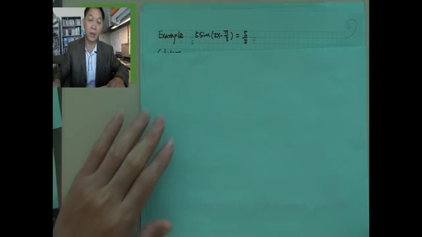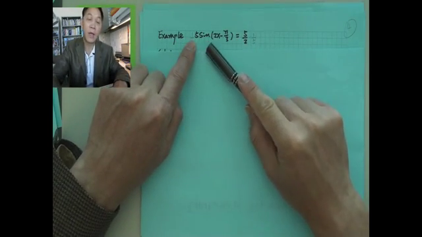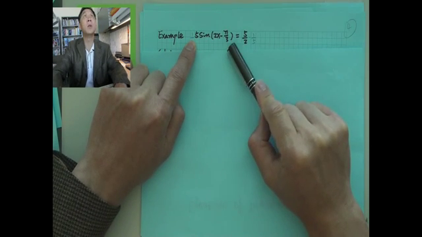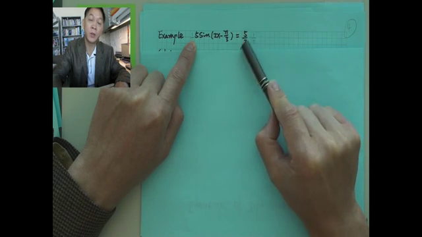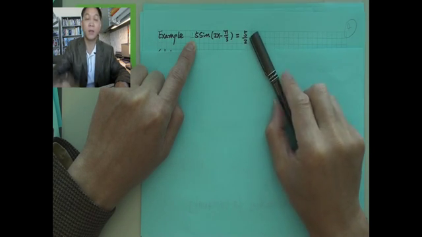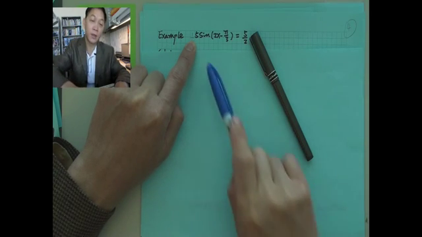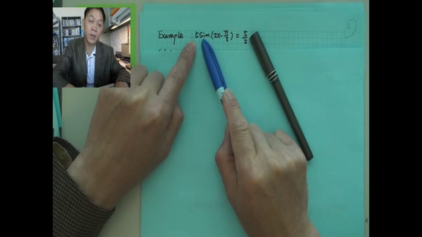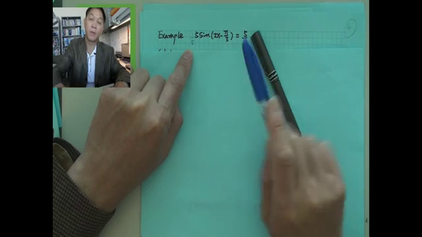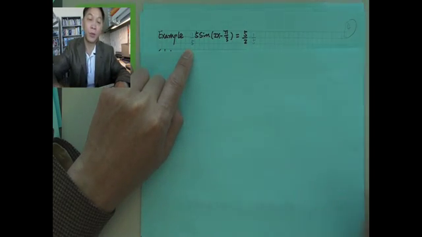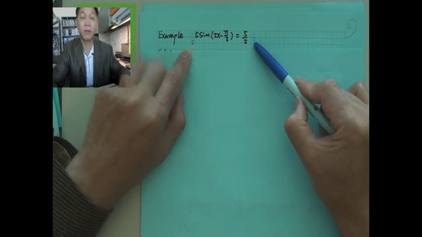This example says that we have 5 sin(2x − π/3) = 5/2. That's the given one. You see there is a 5 in front of sine, so both sides divided by 5, and then you may cancel this 5 with this 5, this 5 with this 5.